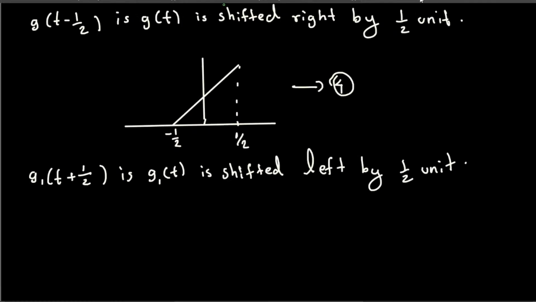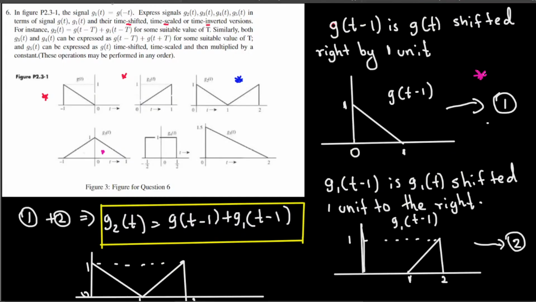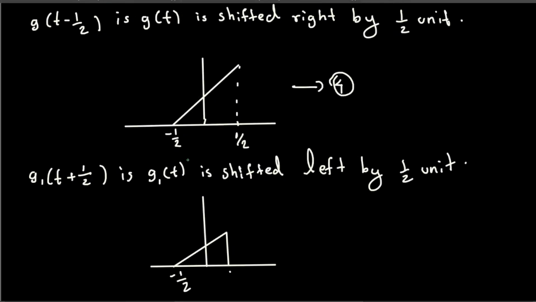Well, shifted left by half unit, it's going to look like starting at positive half and then going up to negative half.